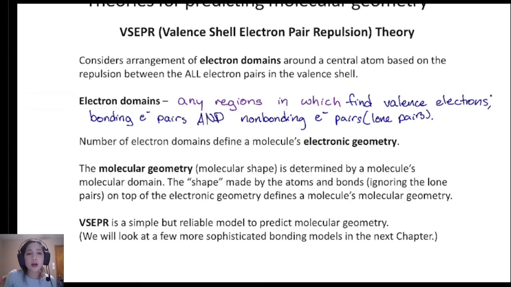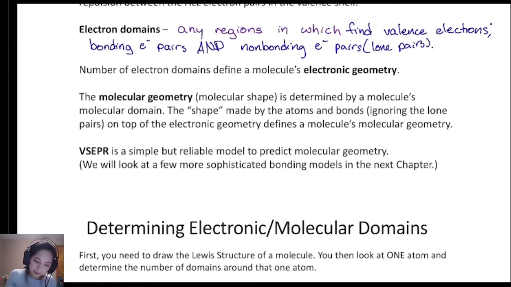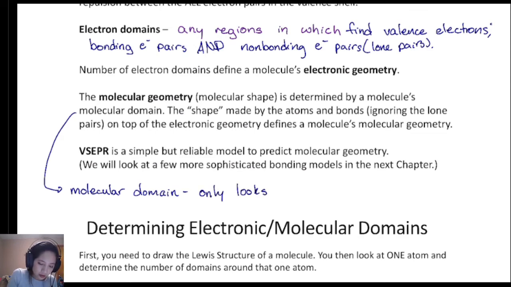That brings us to molecular geometry. Molecular geometry, or the molecule shape, is determined by a molecule's molecular domain. So let's just say molecular domain only looks at bonding regions, or you can think that it ignores lone pairs.